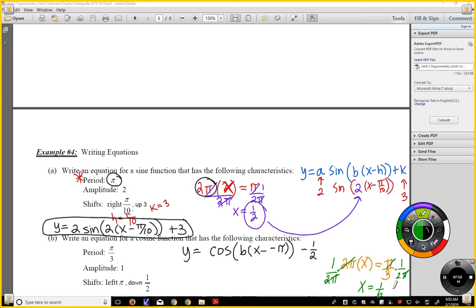So there was a horizontal compression by 1/6. The period became 1/6 of what it used to be. So what value would be in our equation? 6. Okay? The reciprocal of that. So our final equation looks like cosine 6 in the B value spot. Shift left will end up looking like x plus pi and then minus 1/2.